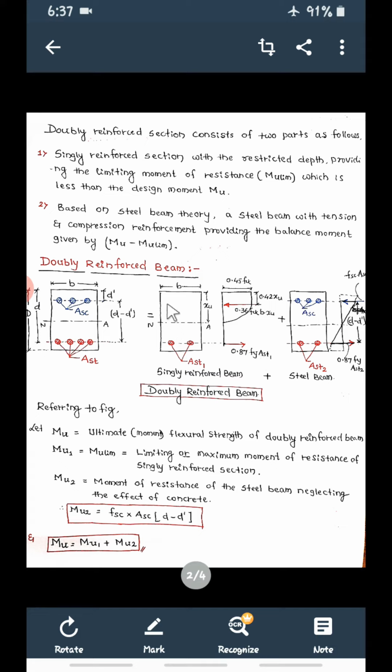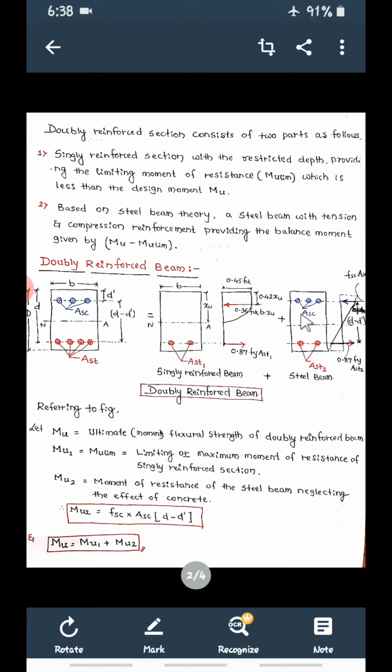Similarly, the force in the concrete: the stress is 0.36 fck and the area is b into xu. So this is the compressive force in the concrete, and this is the tensile force in the steel.